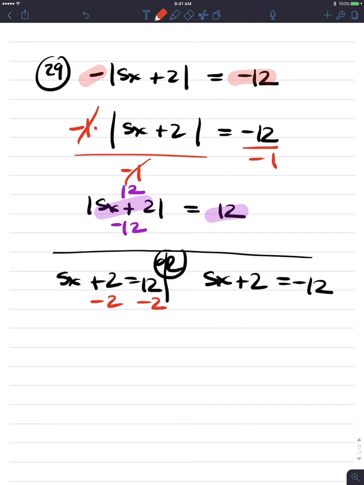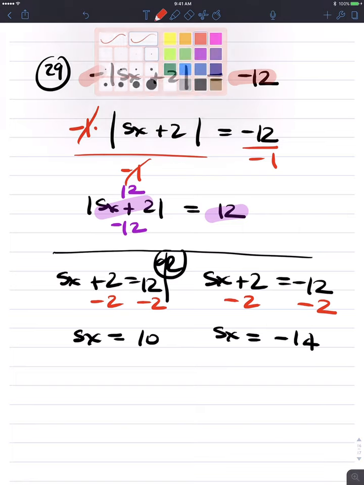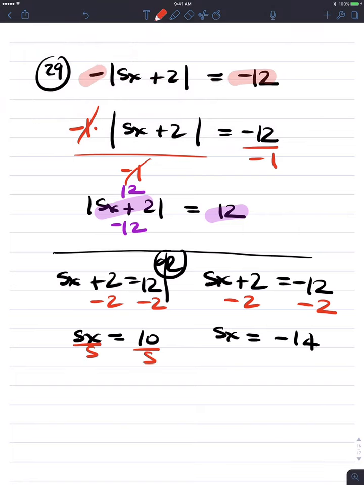Subtract 2, subtract 2. You have 5x will be 10, and 5x will be negative 14. Divide both sides of both equations by 5, so you get cancellation of that 5. x is going to be 10 divided by 5, which is 2.